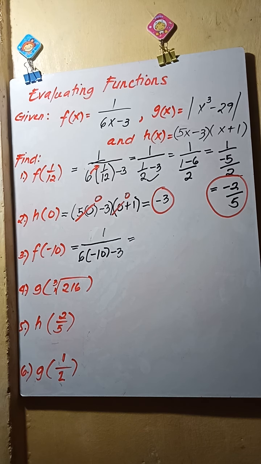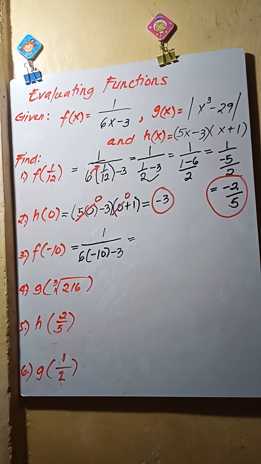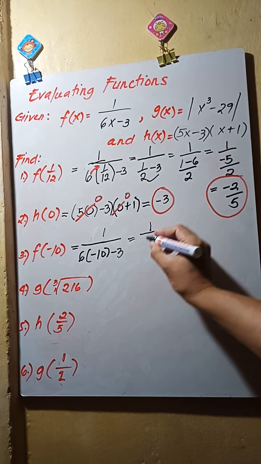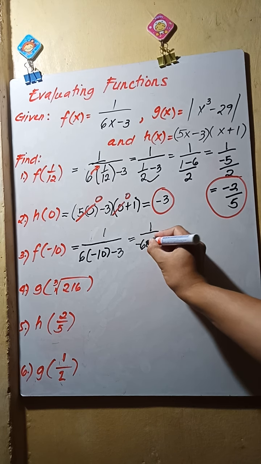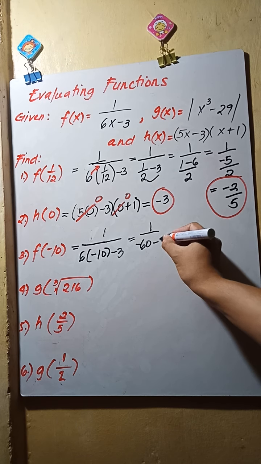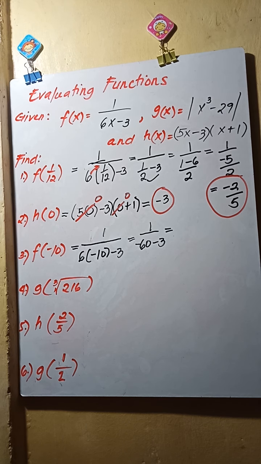So again, if you multiply 6 by negative 10, anong mangyayari? That is negative 60. So 1 over negative 60, kasi nga 6 times negative 10, that is negative 60, and then minus 3. So that is equal to negative 60 minus 3.